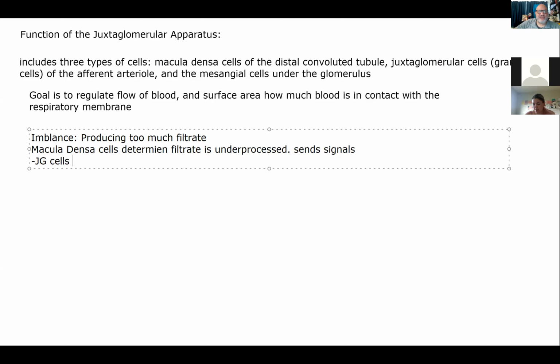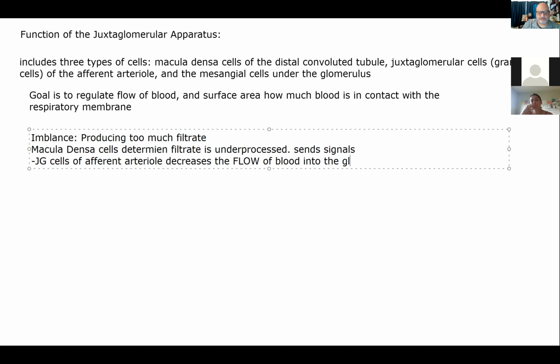And what did our JG cells do as a result of this? In our afferent arteriole, if we're producing too much filtrate and we want to change the flow, decrease the amount of blood that is going into the glomerulus, how can our afferent arteriole decrease the flow of blood into the glomerulus?